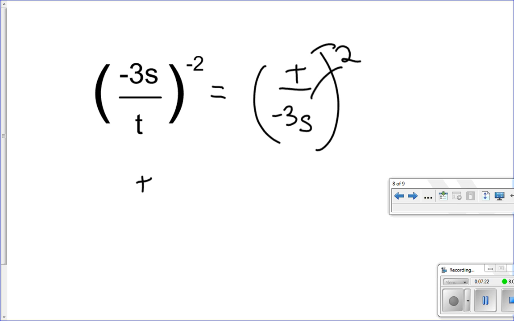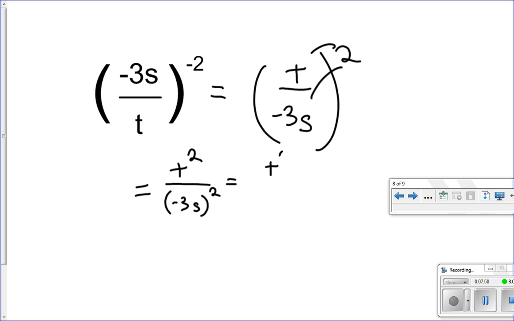So then I'm left with t squared on the numerator, and then on the denominator, let me rewrite that. T squared on the numerator, and then on the denominator I have negative 3s squared. And down here on the denominator I have a product raised to a power, so I'm going to raise both terms to the second power.